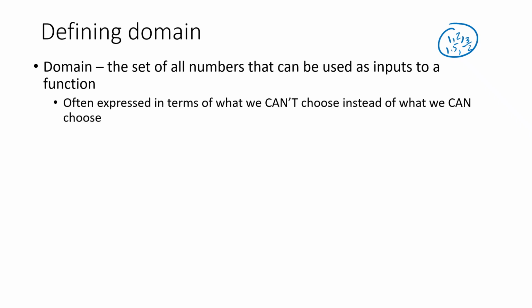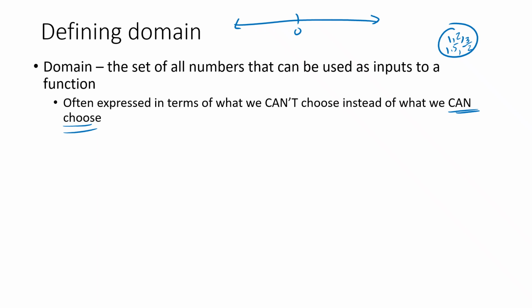Now, if that sounds overwhelming, this might clear it up. Domain is often expressed in terms of what we can't choose instead of what we can choose. And the reason for that is that most of the time we can choose an infinite number of things. You figure that number line has an infinite number of numbers on it, and we can pick an infinite number, but sometimes what we can't pick is actually a very small set of numbers.